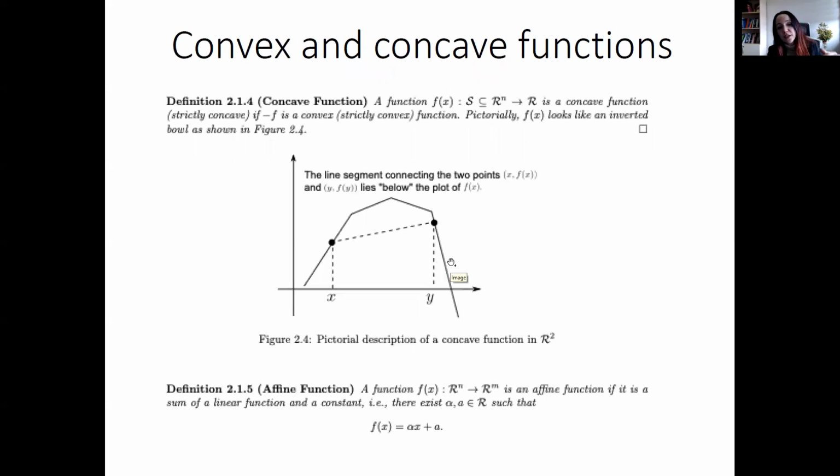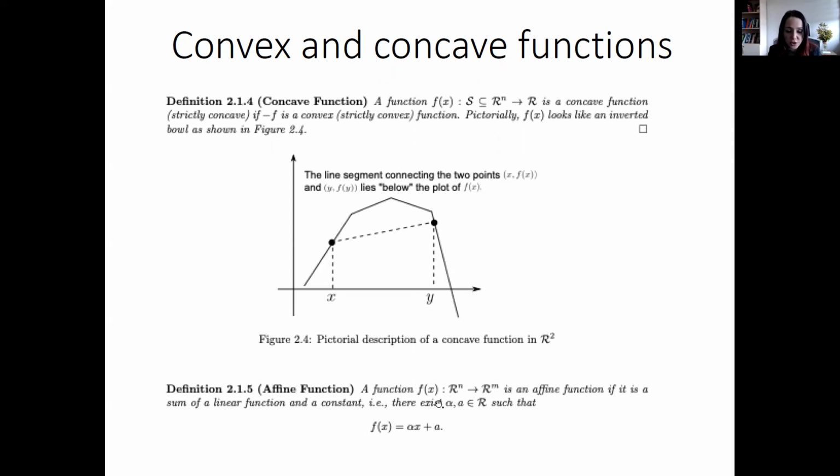The negative of a convex function is a concave function, so a function is concave if and only if the negative of that function is convex.